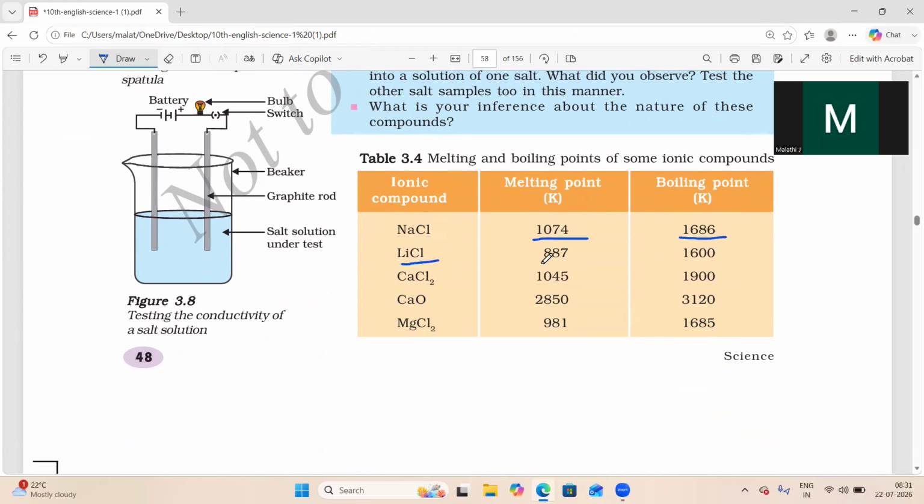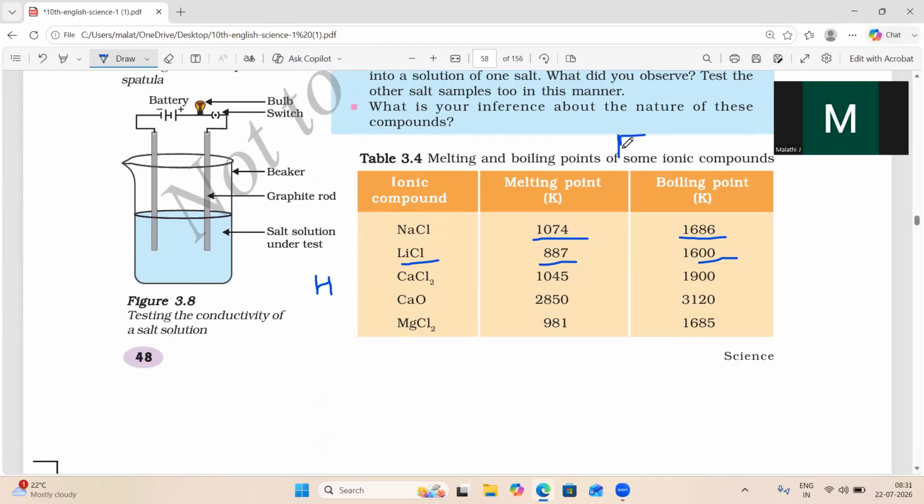Another ionic compound will also have very high melting and boiling points because the force of attraction cannot be broken easily.